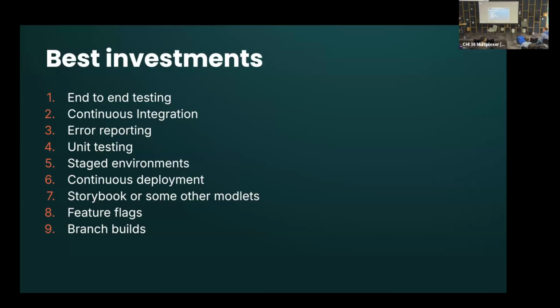What are the differences between 2 and 6? 2 and 6. Okay, so 2, that's your ability as devs are pushing code. They might be pushing it to a branch, not to production, and you want your ideally end-to-end tests and unit tests to run, to verify the build is working.